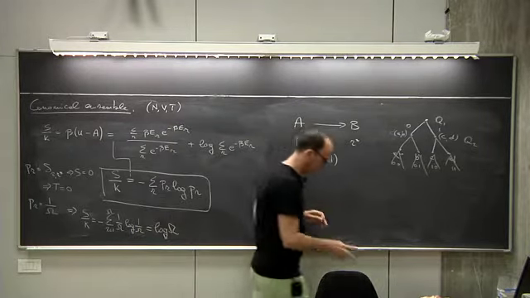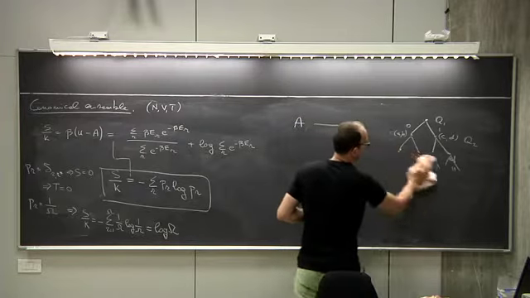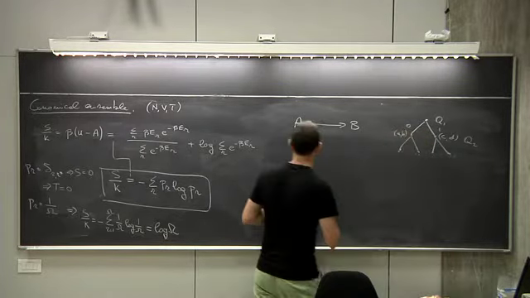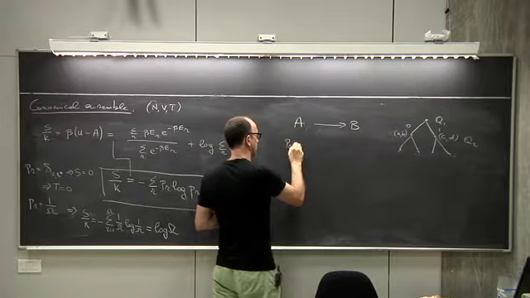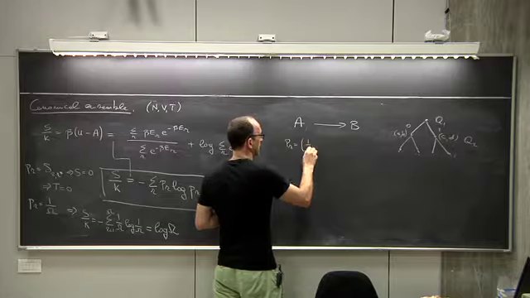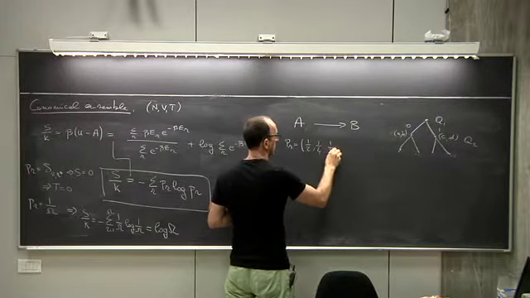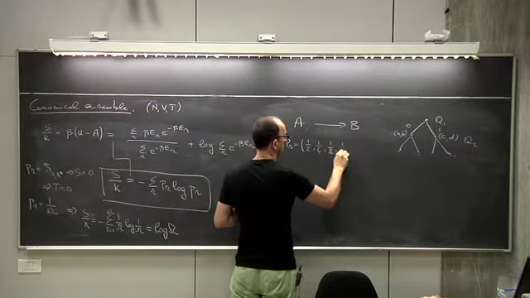So, just to give you a feeling, imagine that the probability distribution is 1/2, 1/4, 1/8, 1/8.